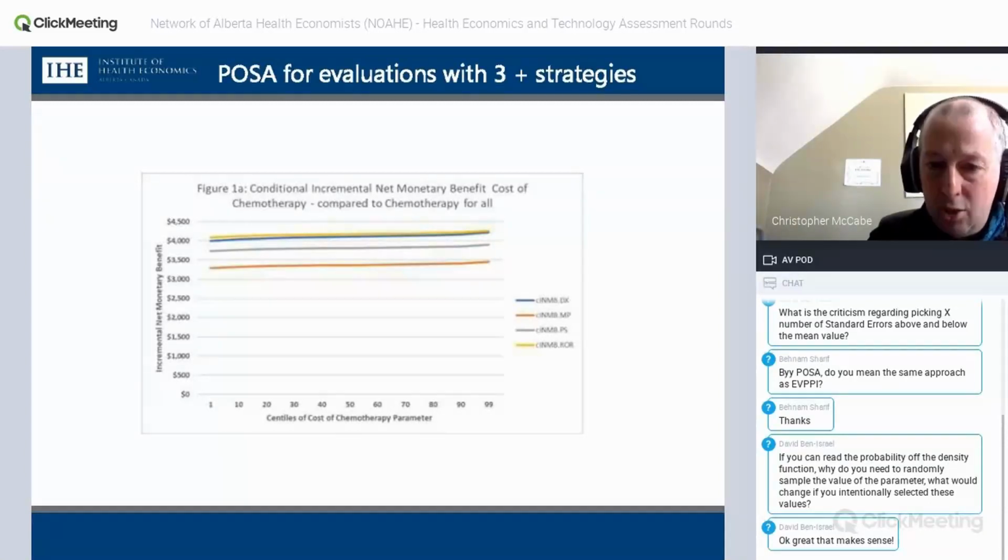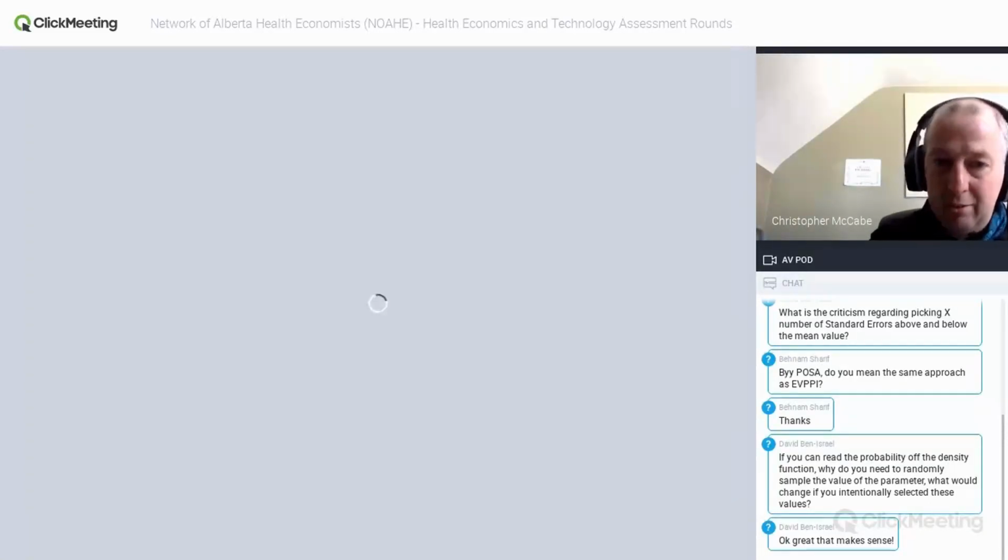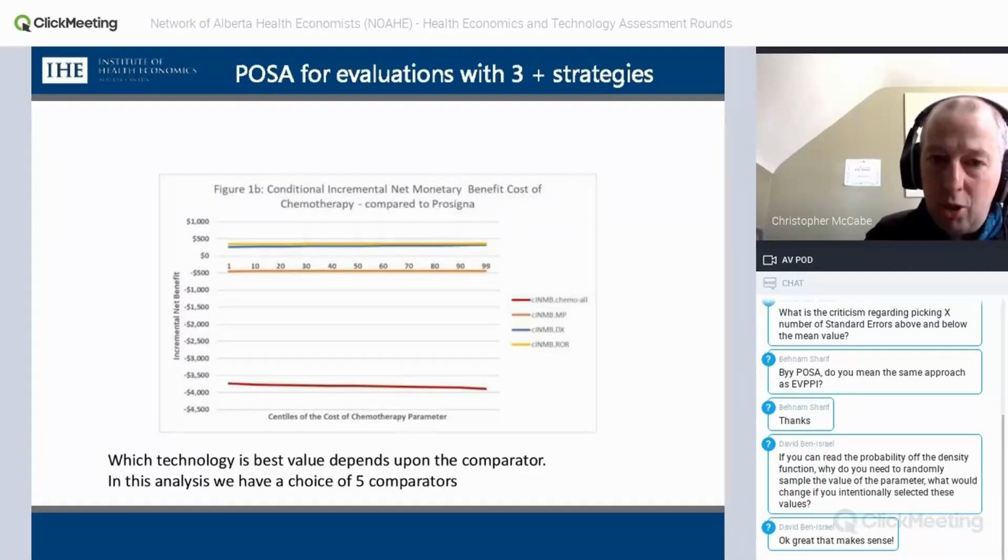But if we change our comparator from chemotherapy for all to the test Prosigna, if we say that's the reference case and everything else is compared to it, well, which is the best value strategy changes just because of what we choose to use as essentially the standard care comparator.